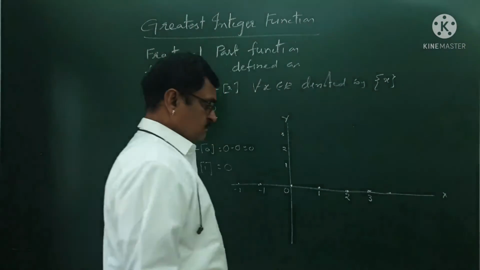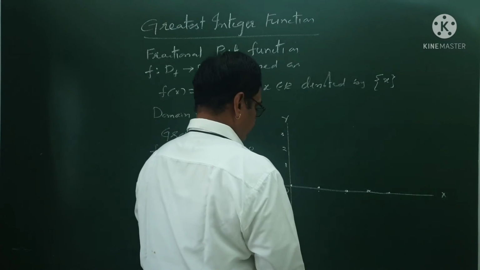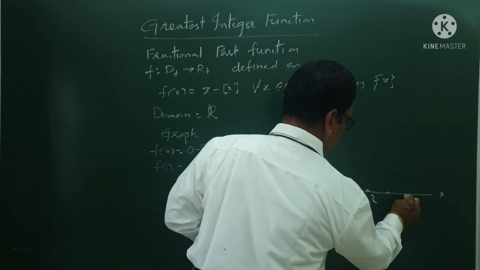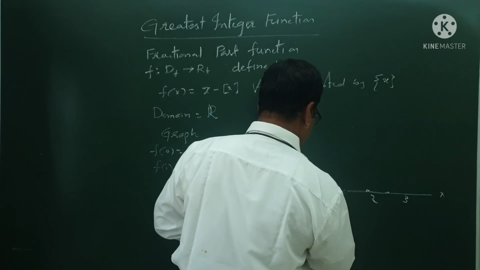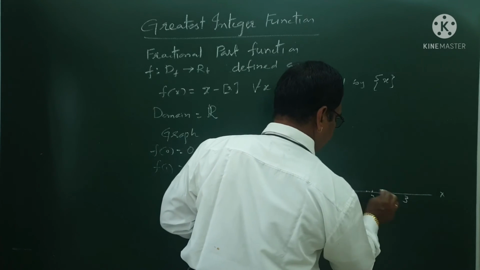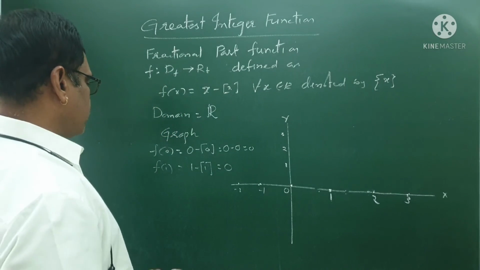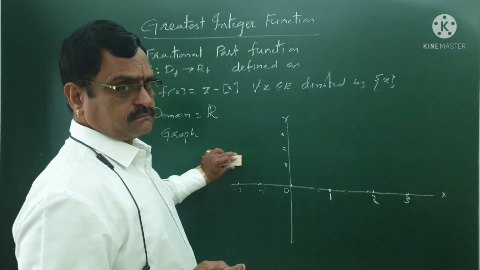Between 0 and 1, I want some space, so I take like this: 1, 2, 3. Now what is happening between 0 and 1?